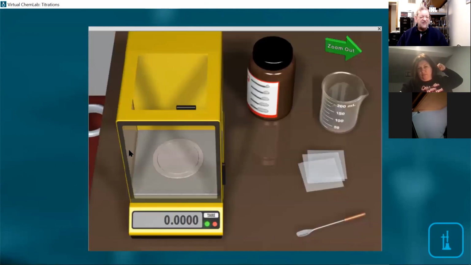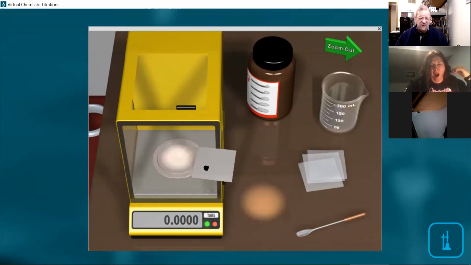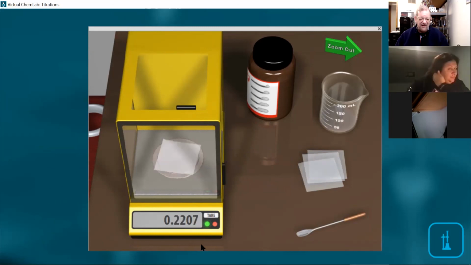Now, click on the balance, everybody see, and this is in the video, so you can go back and watch it. And then you'll take a piece of this weighing paper, put it on there, and notice I have a weight on there. I don't want that, I want 0, so I will click on tare, and it's 0.